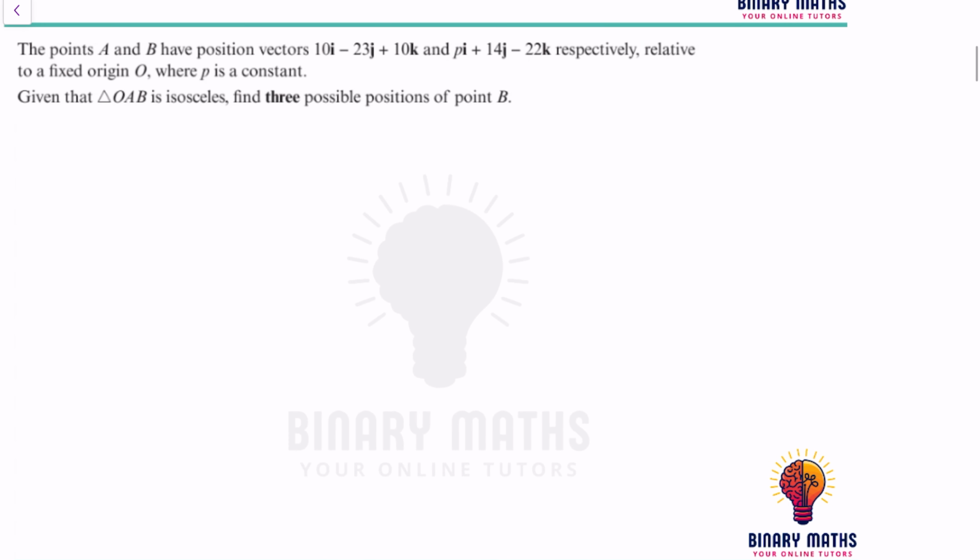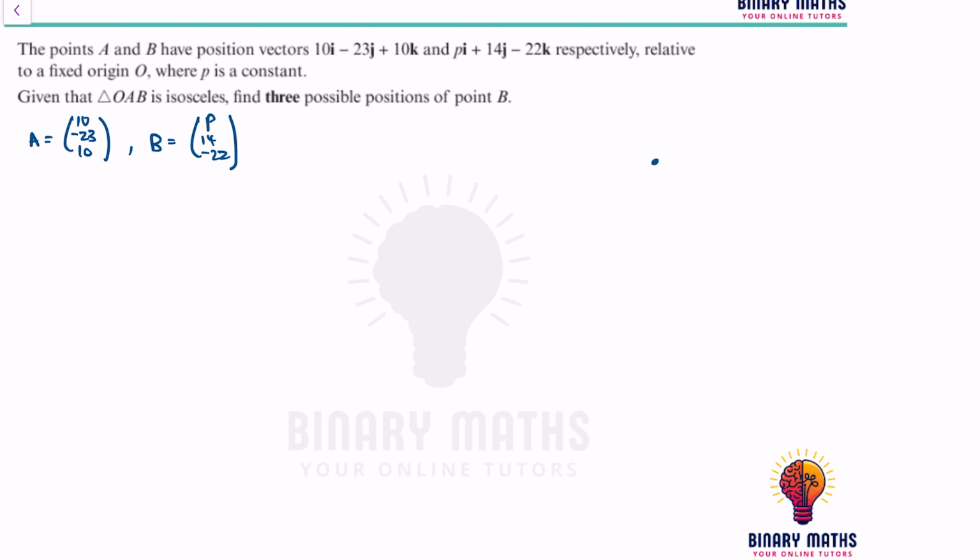The points A and B have position vectors 10i minus 23j plus 10k. So A is equal to (10, -23, 10). And B is equal to (p, 14, -22), relative to a fixed origin O, where p is a constant.